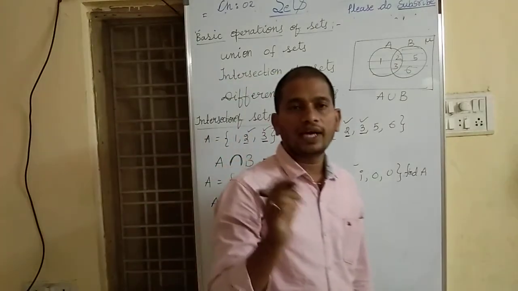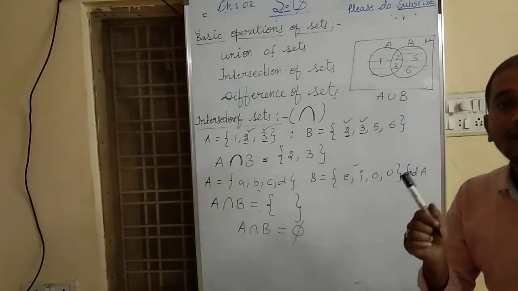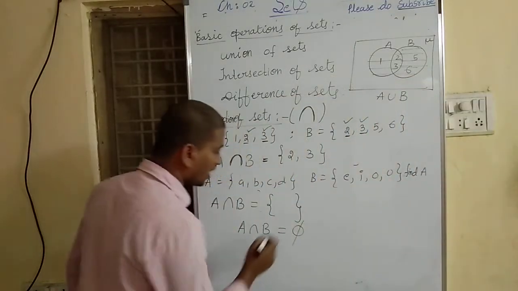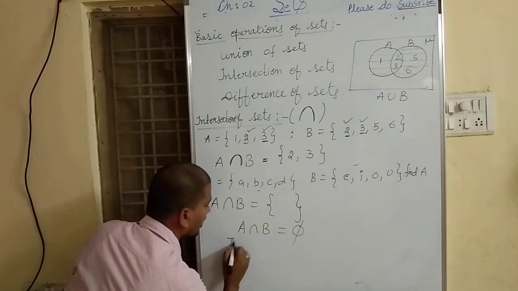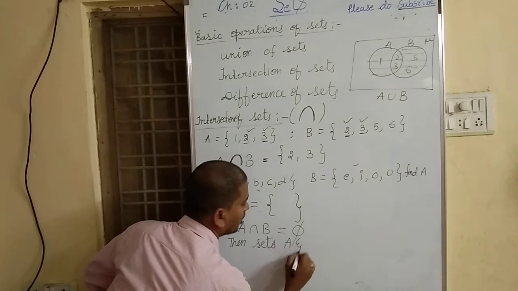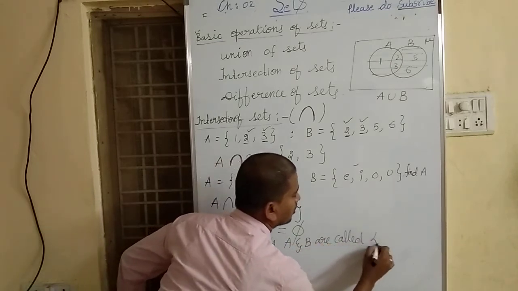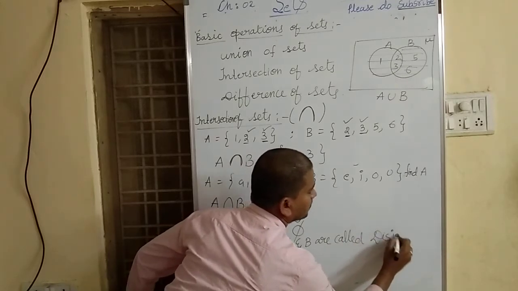Then we say that set A and set B are called disjoint sets. If A intersection B equal to phi, then sets A and B are called disjoint sets.